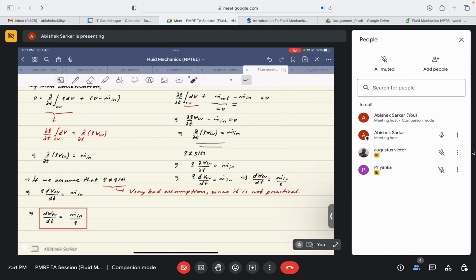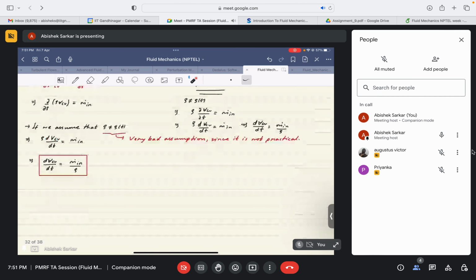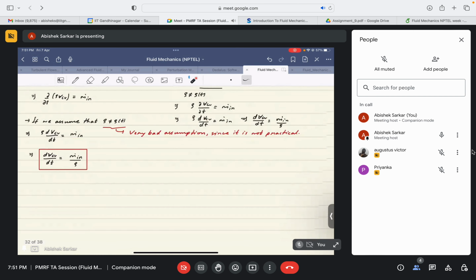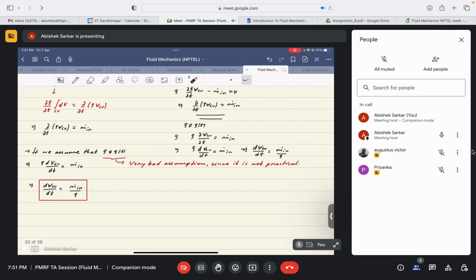But for a simplified case, if it is given in a problem for you to take rho is not a function of t, you can take it, but it's a very vague or very inaccurate assumption, and that's why Professor Chakraborty has rightly pointed it out. And these are some of the logics that you should keep in mind before taking some assumptions.